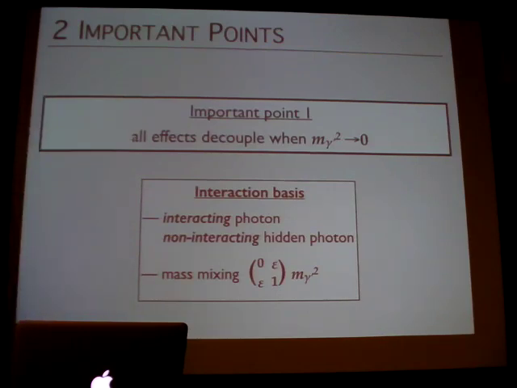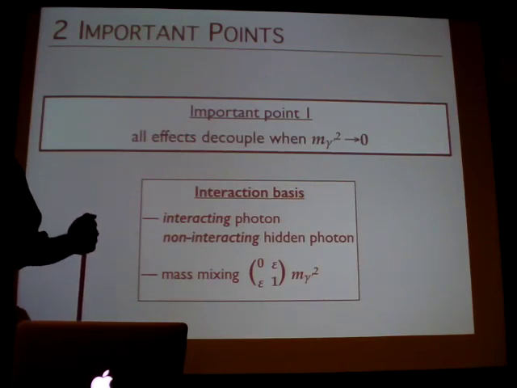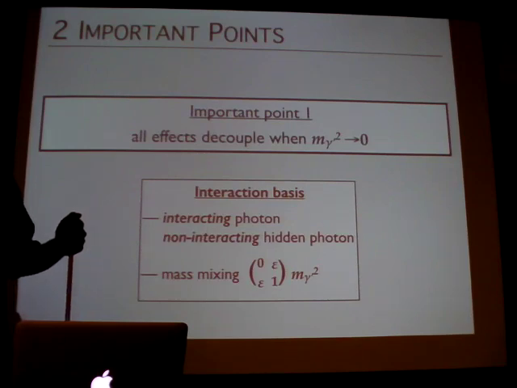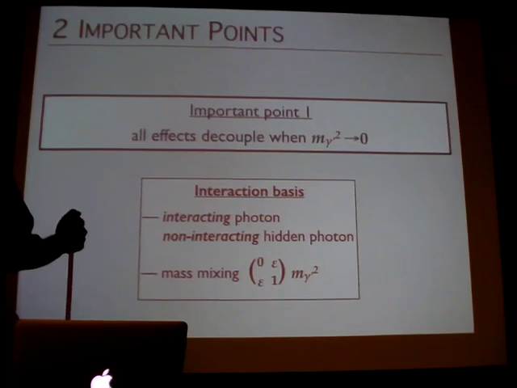Exactly. Okay. So the interaction basis is the basis in which kinetic terms are diagonal. Well, in the massless limit, that is a true statement. In the massive limit, right?